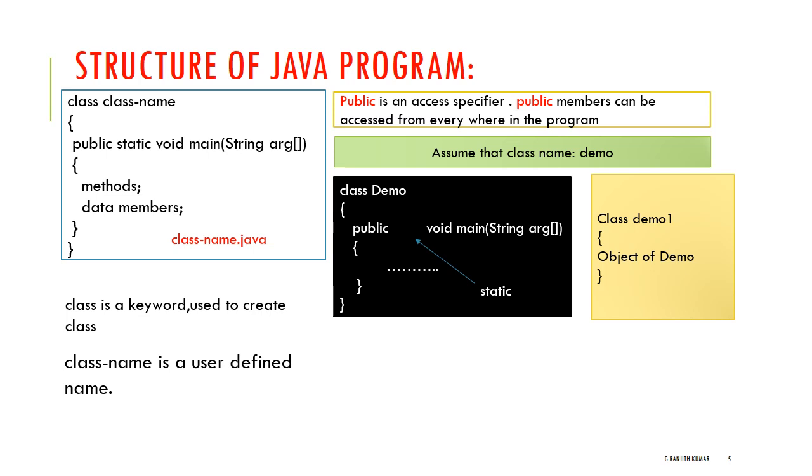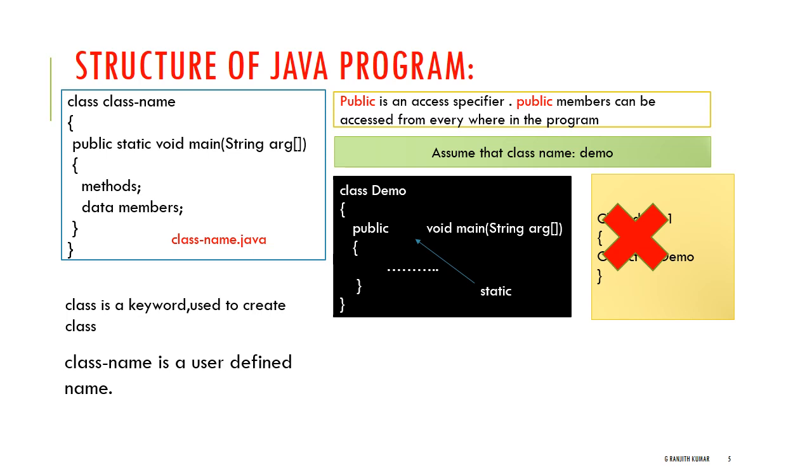If you follow this approach, demo1 should be executed first, and after that demo. But in Java, there are no classes which are executed before the class which contains the main method. So it is not possible to execute any class before the main method class. That's why the main method should be static. And from the main method we never return any value to any other method, so it should be void.